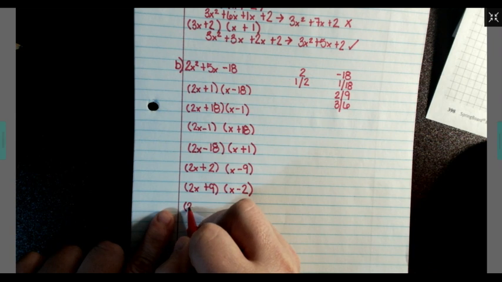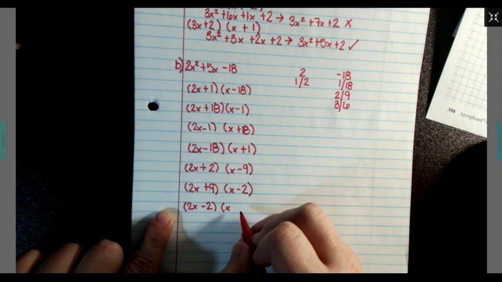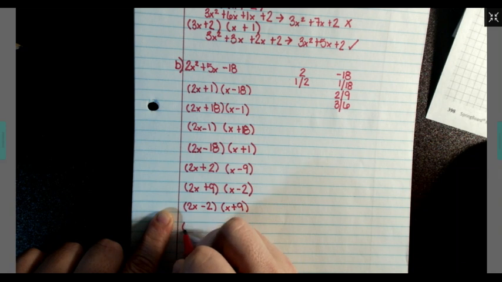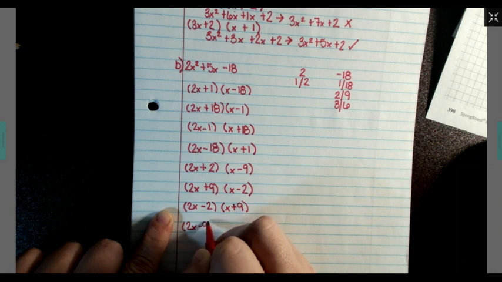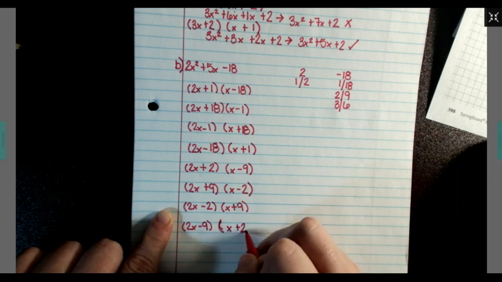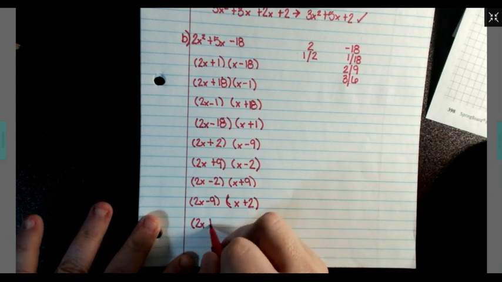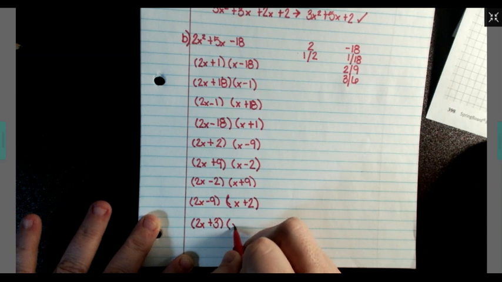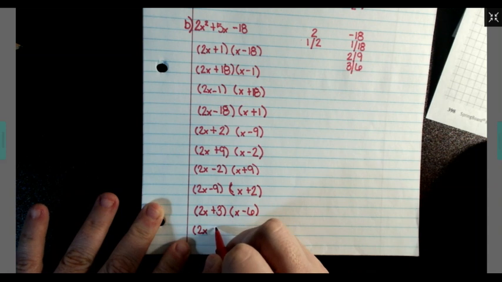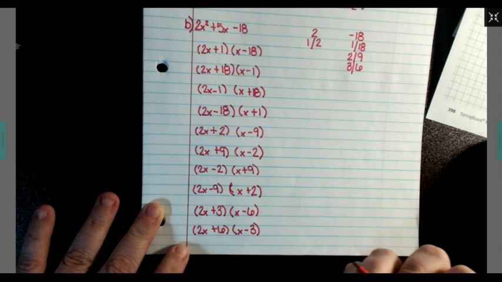We could have 2x minus 2, x plus 9. We could have 2x minus 9, x plus 2. We could have 2x plus 3, x minus 6. 2x plus 6, x minus 3.